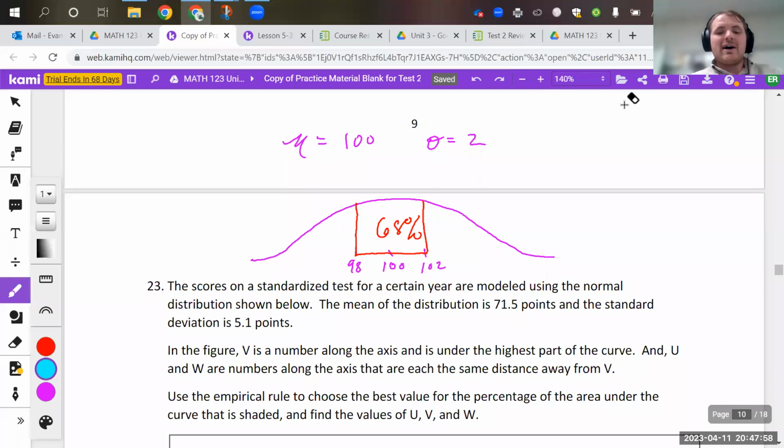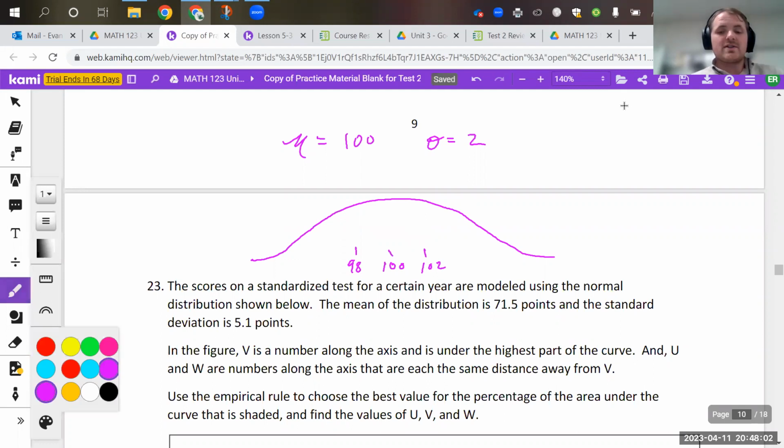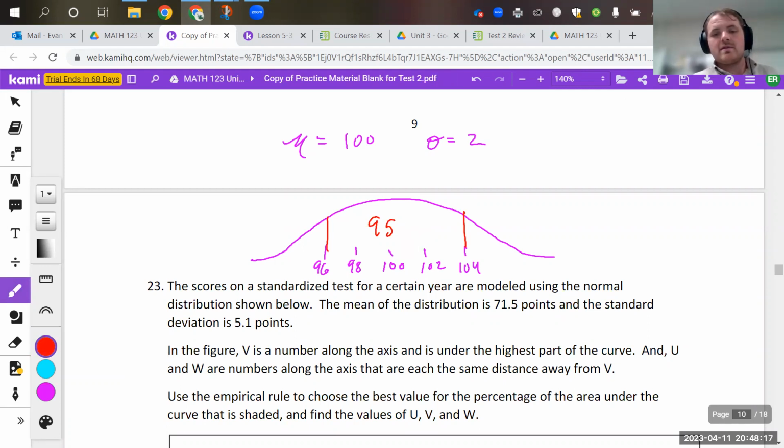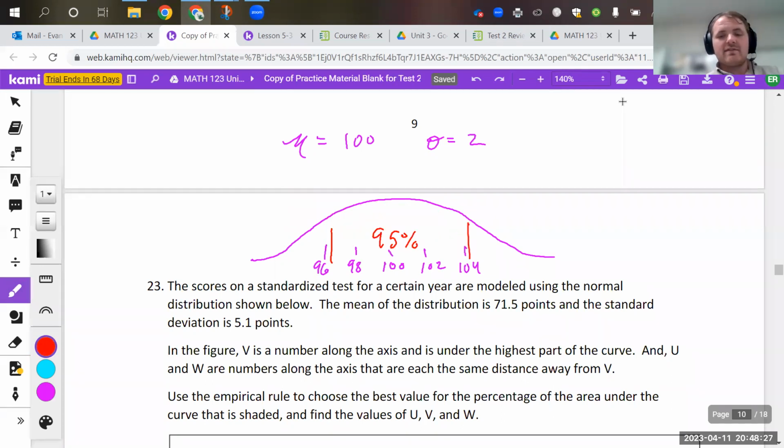If you bumped that out to a next standard deviation, so 96 and 104, when it's 2 standard deviations away, that represents 95% of the area, or 0.95. Okay, so again, if you would have done all the work of the 104 all the way to the left minus the 96 all the way to the left, that would give you 0.95.